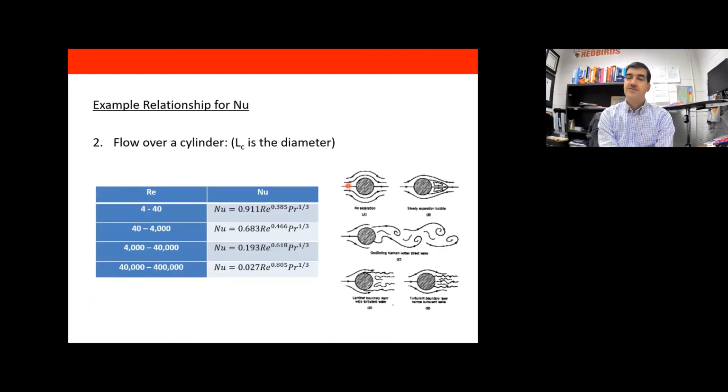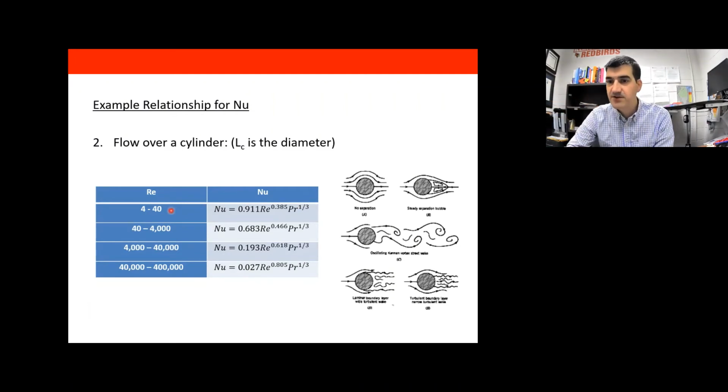If we have flow over and around the outside of a cylinder, it's a little bit different. Characteristic length is the diameter of the cylinder, and we have these different equations for Nusselt number depending on what is the Reynolds number. So once again, the Reynolds number is the velocity times the characteristic length divided by the kinematic viscosity of the fluid.